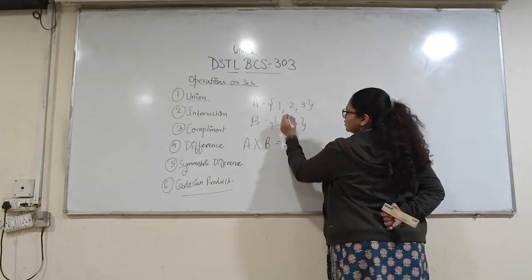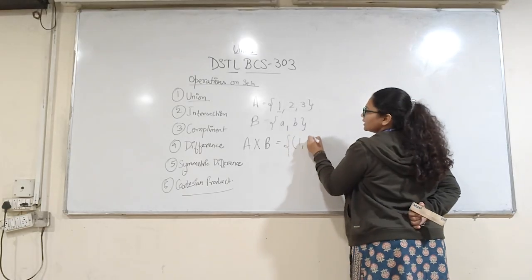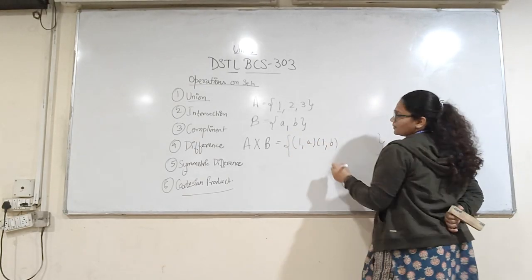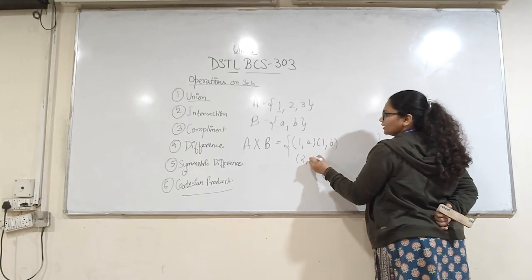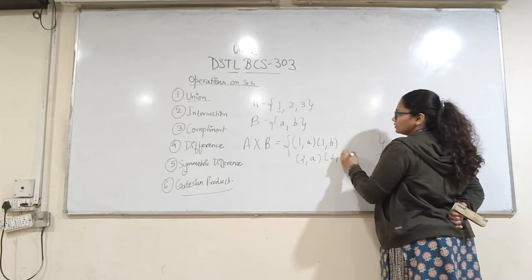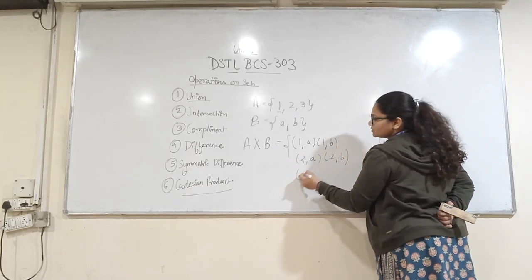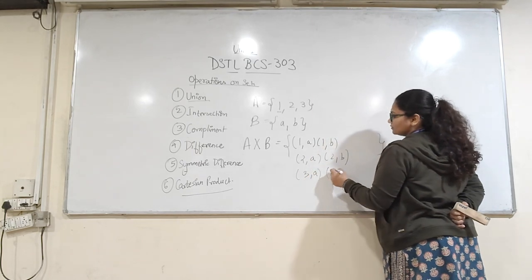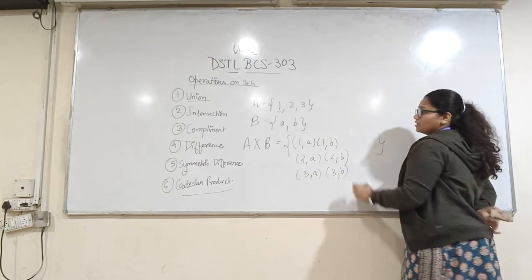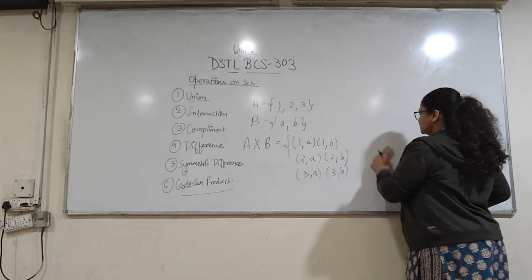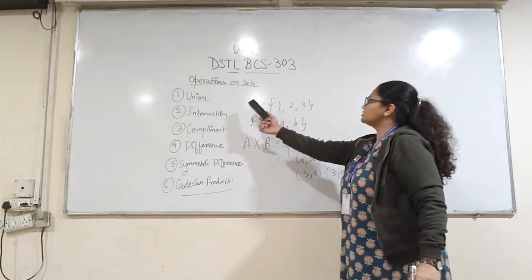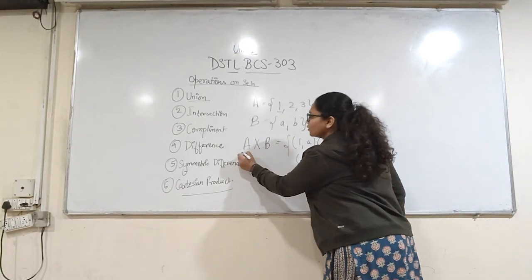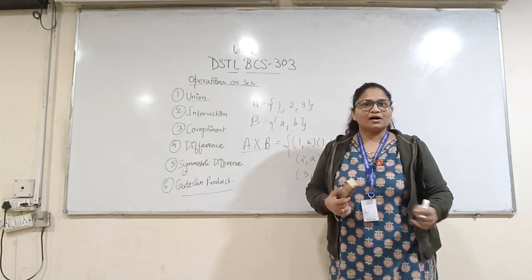Like this. 1, comma a, 1, comma b. First mapping is done. Next, 2, comma a, 2, comma b. Okay? Next, 3, comma a, and then the last element 3, comma b. So these ordered pairs are called Cartesian product of two sets A and B, which is denoted by A cross B. I hope it is clear.